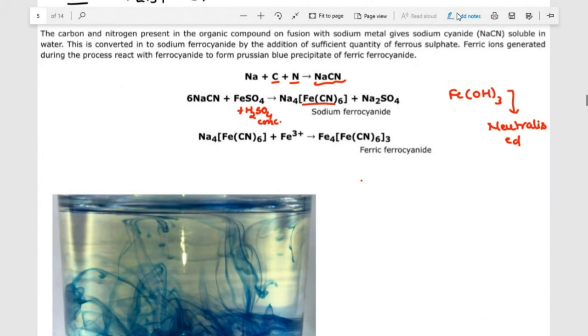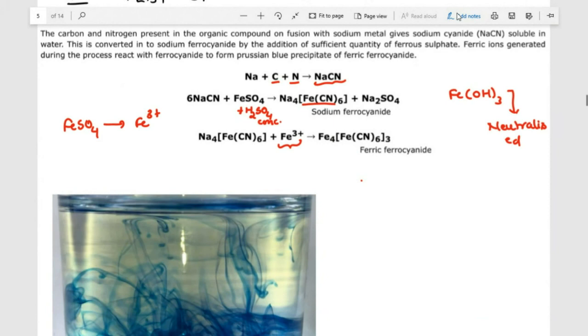Correct? Now we have two choices. Either you add Fe3+ from outside, or some of the FeSO4 present automatically gets oxidized to Fe3+. That Fe3+ is within the mixture, and the concentrated H2SO4 that you have added will help.